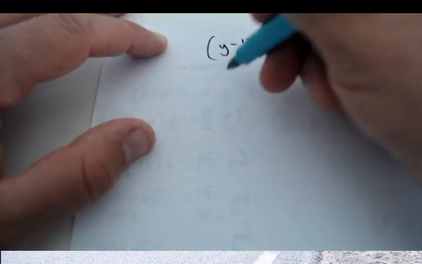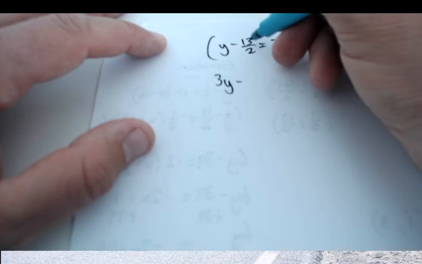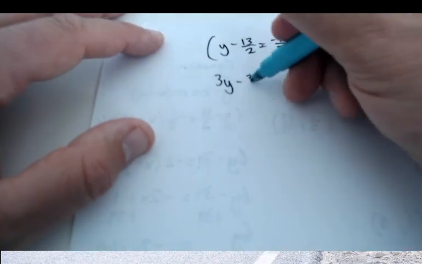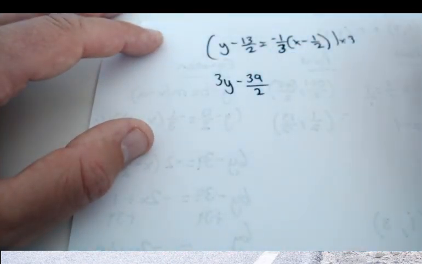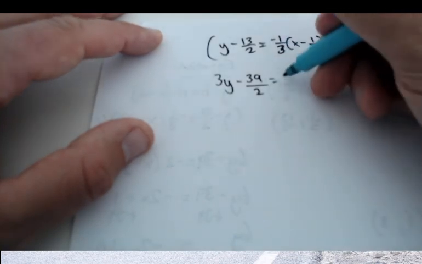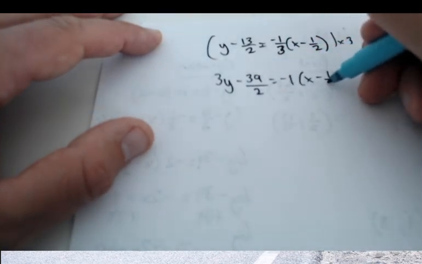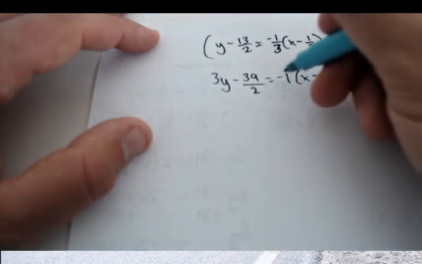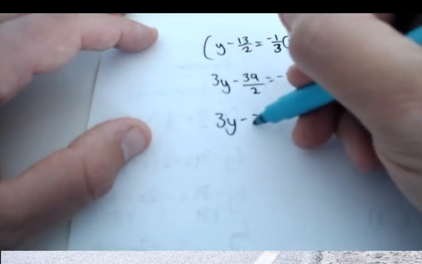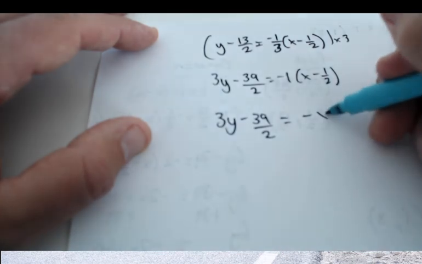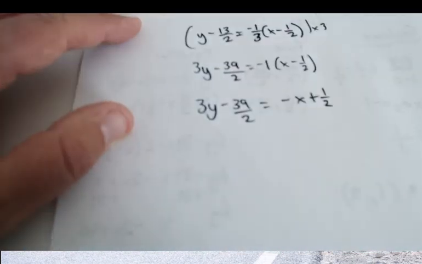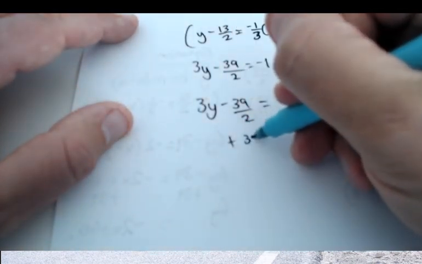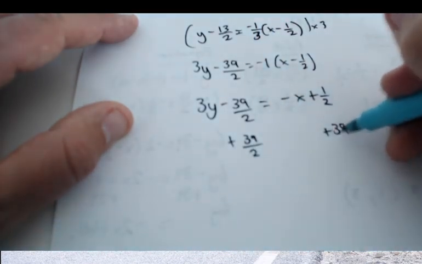If we multiply this by 3, we would get 3y minus, it's just the top that gets multiplied by 3, not the bottom, so minus 1. Now I'm going to multiply out the bracket: minus x plus a half, and now I'm going to add 39 over 2 to both sides.